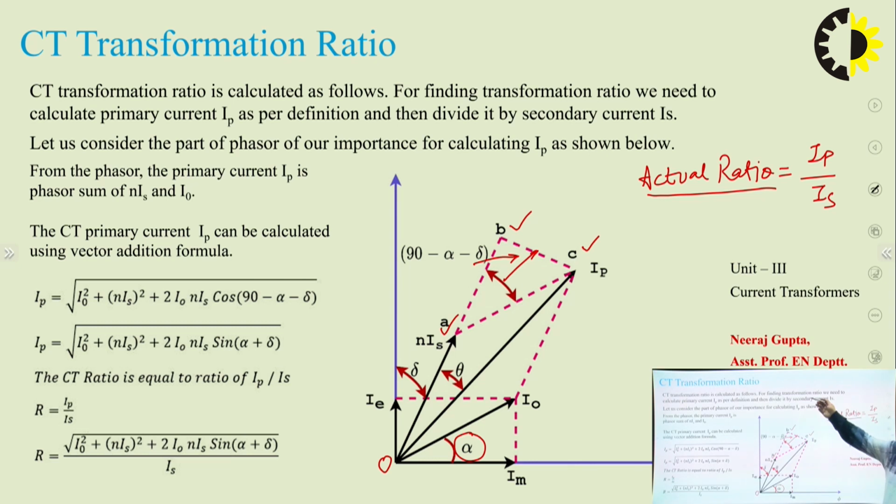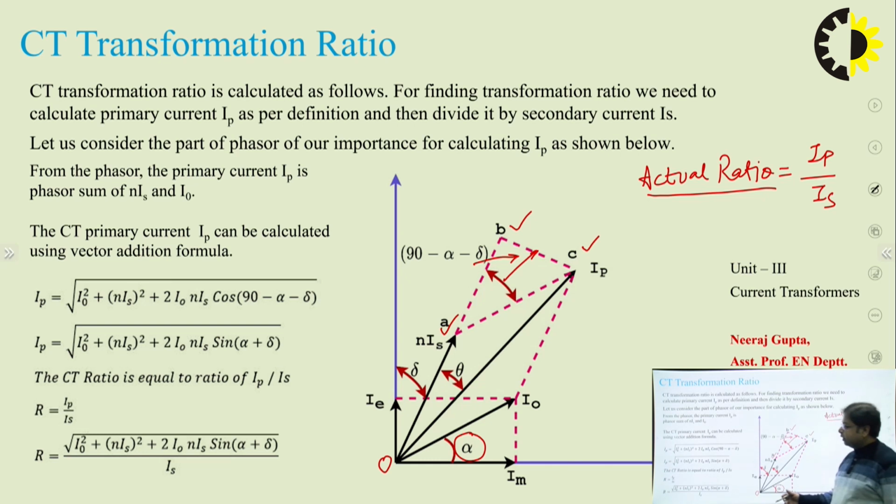The other name for that is also the actual ratio, IP by IS. Now let us consider the phasor. IP we already have, but its value needs to be calculated in terms of I naught, NIS, secondary current and IC. That is what we are trying to evolve here.